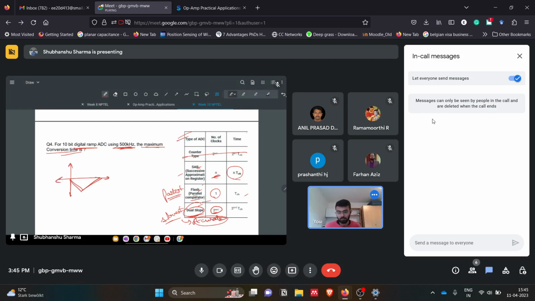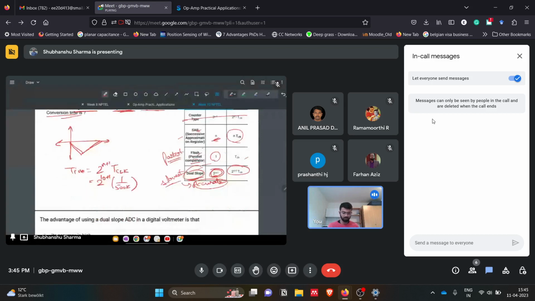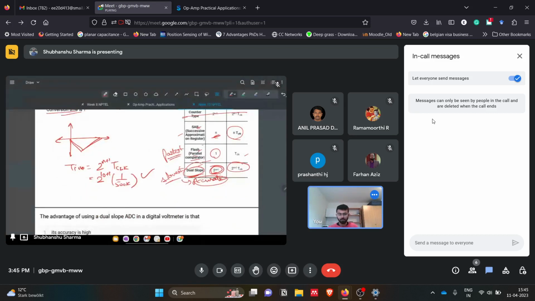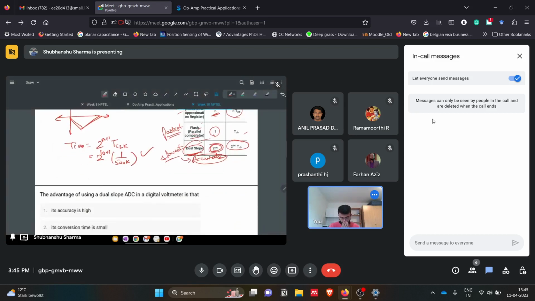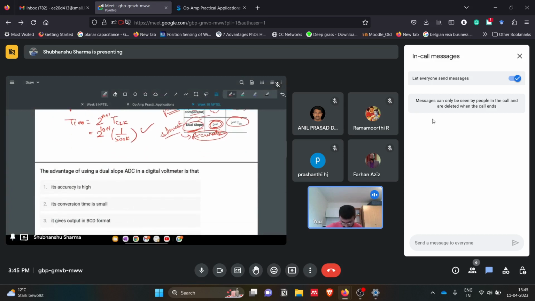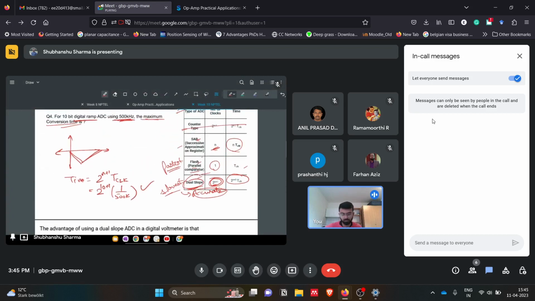If we use this equation, the conversion time is (2 to the n plus 1) TCLK, which will be (2 to the 10 plus 1) times 1 by 500 kilo. So you will get the answer. I think there is no doubt in this question.